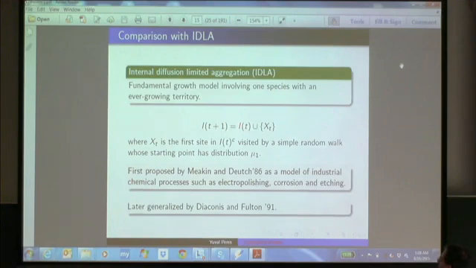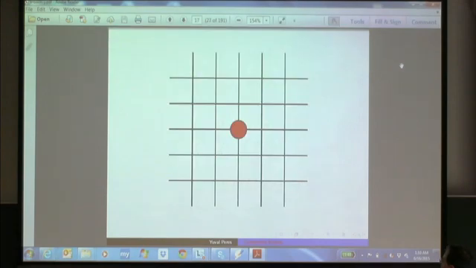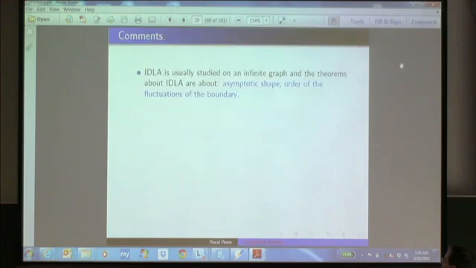So I of t is the set at time t, and it grows by letting a random walk start at a fixed site or according to some fixed measure and walk until it exits the current set, and that gives I of t plus 1. This was first proposed by Meakin and Deutsch, and then generalized by Diaconis and Fulton in 91. Here is the model again. Each time we start at the center, and we take random walk steps until we exit the current set.